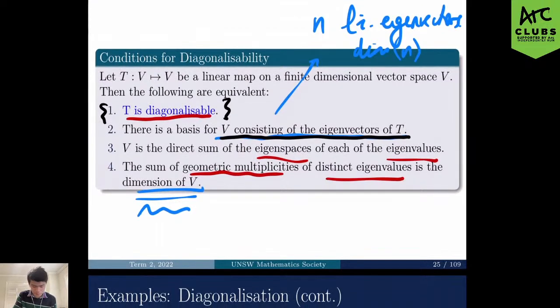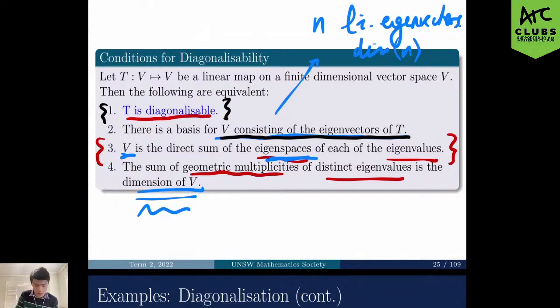Number 3, V is the direct sum of the eigenspaces of each of the eigenvalues. That makes sense because direct sum means you're combining different eigenvectors into a certain space. So if you can make up V from summing up the eigenspaces, then you get a linearly independent set of eigenvectors that makes up the entire space.